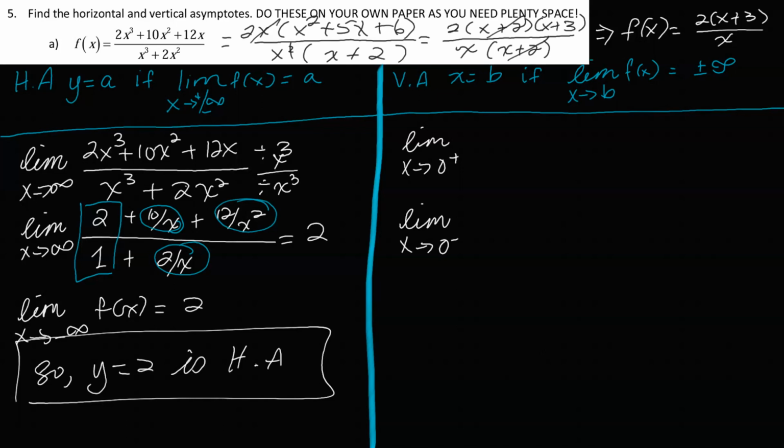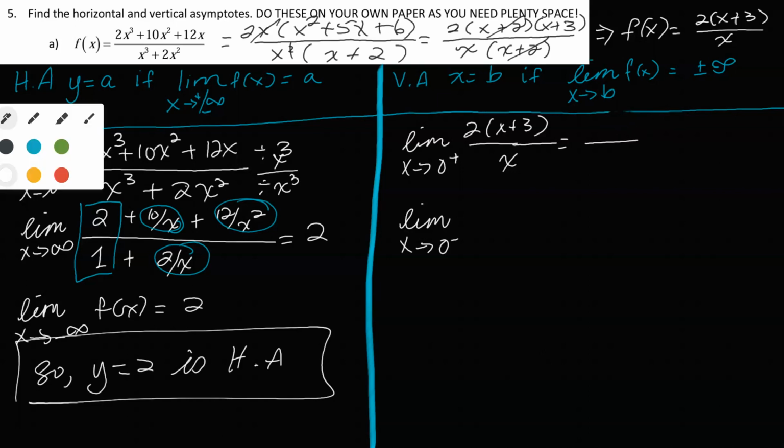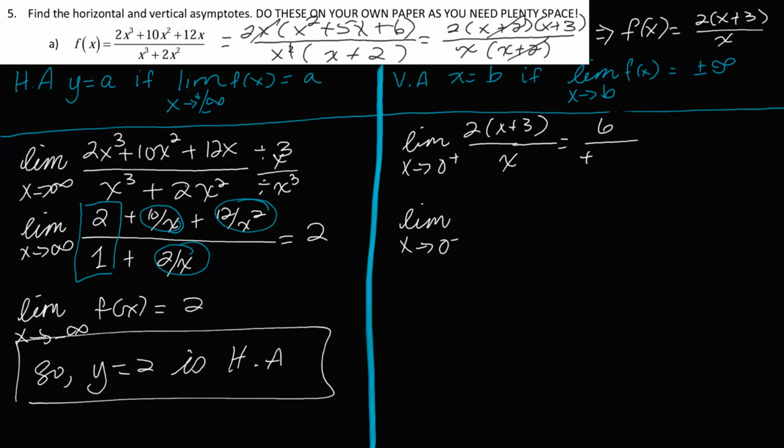Okay, so when x is approaching 0 from the right, for 2 times x plus 3 over x, the numerator is going to be close to 6, and the denominator is going to be a positive small. So this is 6 over a positive small, and that would be positive infinity.